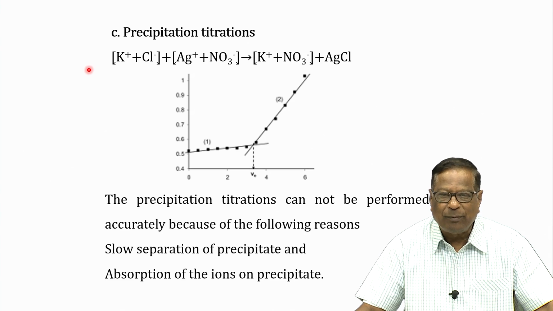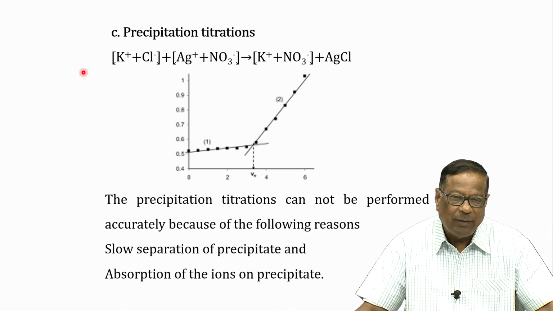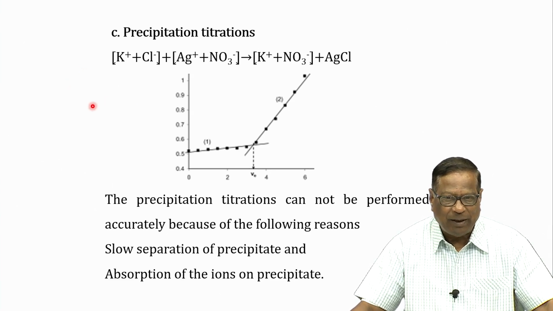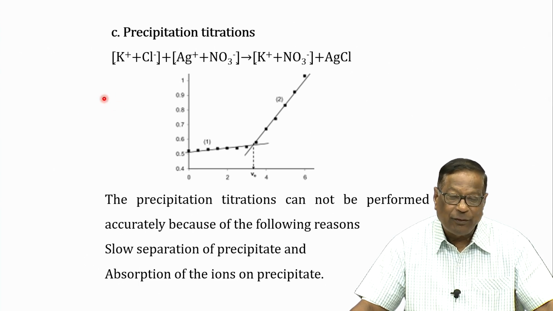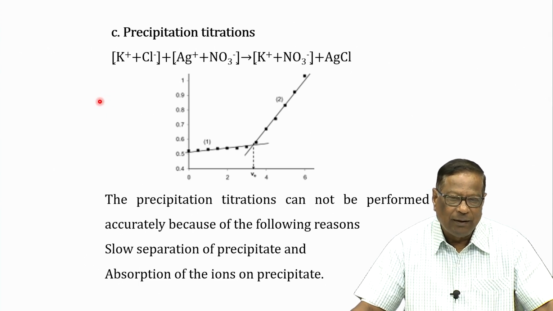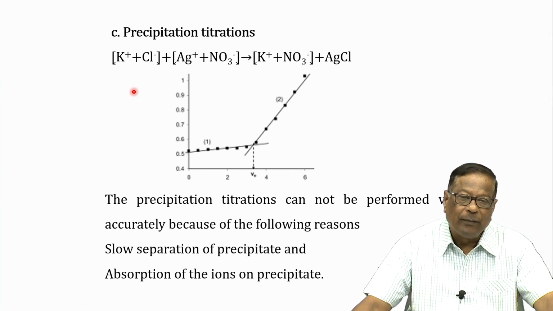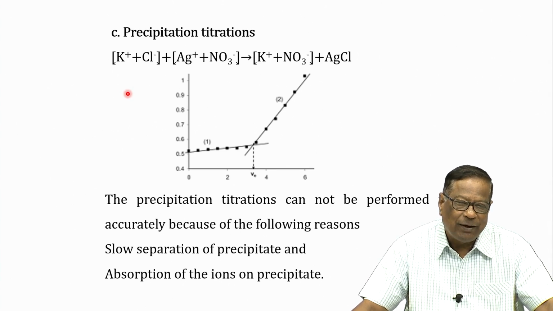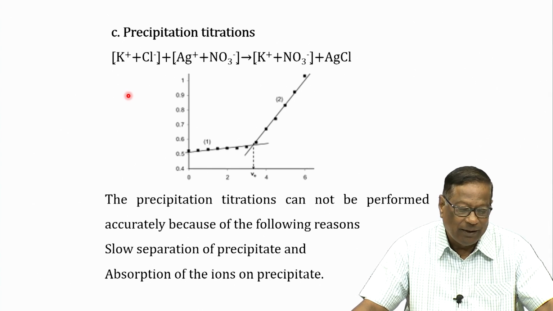If you precipitate barium sulphate from barium chloride solutions, the precipitate will be associated with a lot of sulphate ions, and we have to wash to remove the excess sulphate ions, otherwise the weight will be wrong.